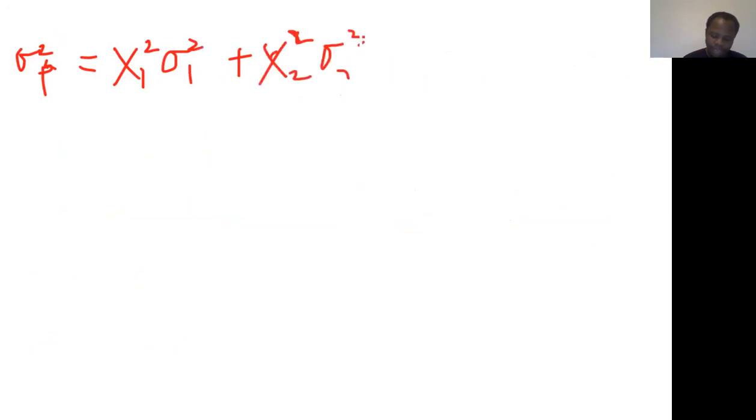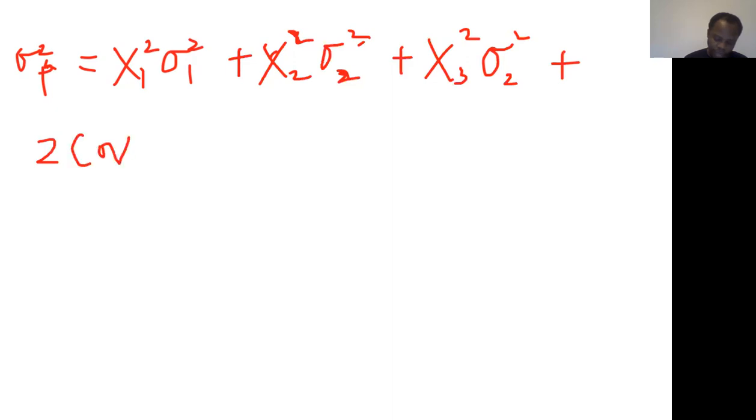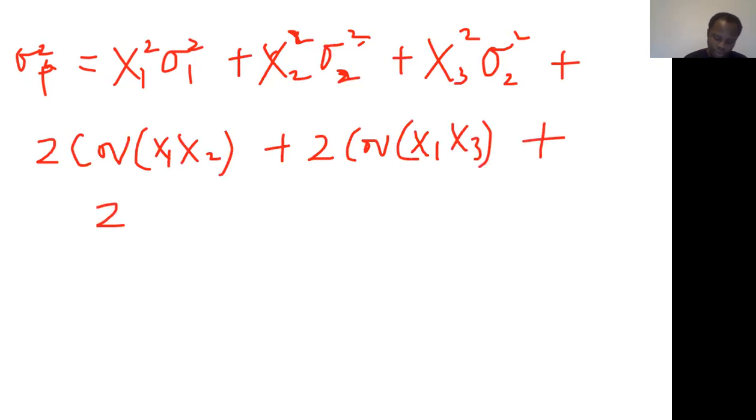So it's going to be the weight of the first one multiplied by the variance of the first one, plus the weight of the second one multiplied by the variance of the second one, plus the weight of the third one multiplied by the variance of the third one, plus 2 covariance of x1, x2, plus 2 covariance of x1, x3, plus the weights.